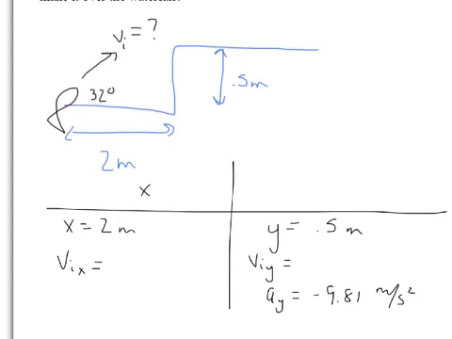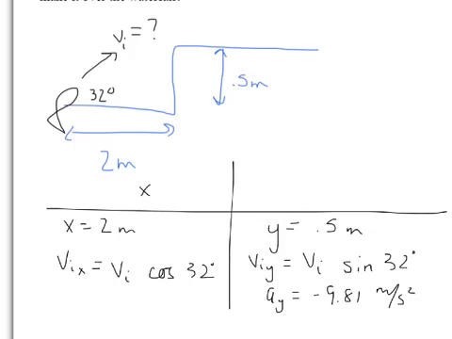Do we have the initial velocity though? Isn't that what we're looking for? So let's call that VI and say that's times cosine 32. Again, the definition of VIX is VI cosine theta. We have theta, so at least fill that part in. We don't have VI. In the y direction, VI sine 32.